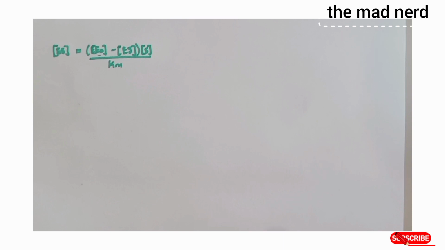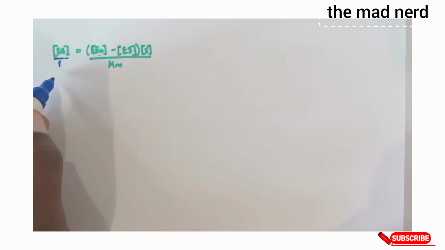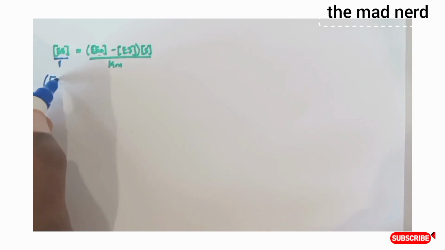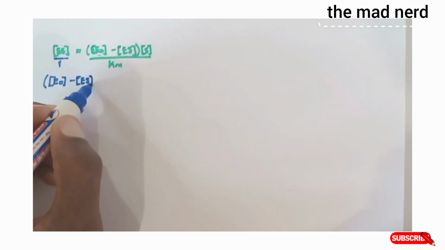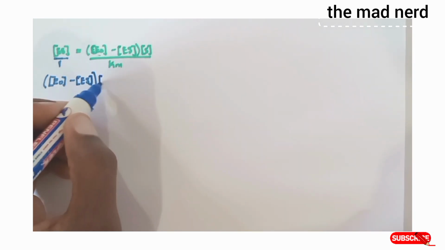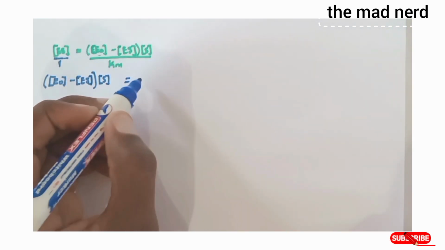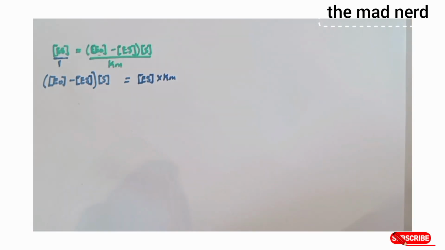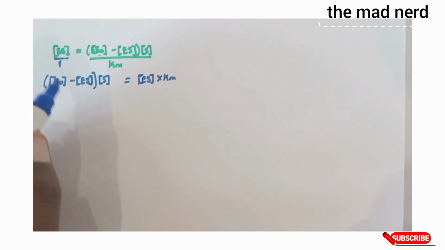Let me say first of all that we cross multiply over here: 1 times this numerator, we have the concentration of E naught minus the concentration of ES, and then the concentration of S, and that is equal to this one times this denominator, so we end up having the concentration of ES multiplied by the Km over there.